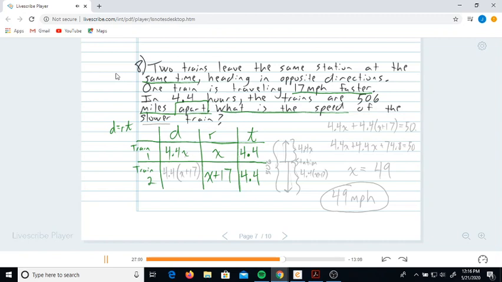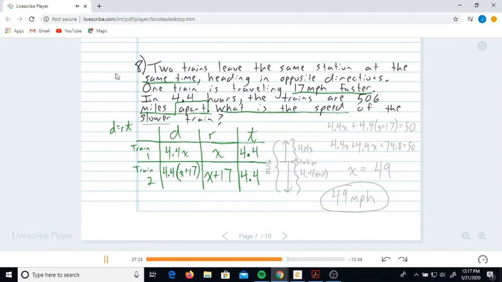And train 2, how far has it traveled? Well, it's traveled at a speed of x plus 17 miles per hour for 4.4 hours. Distance traveled equals speed times time. So here it's 4.4 times x plus 17. So this is that key step. Again, we don't know how far each train has traveled.